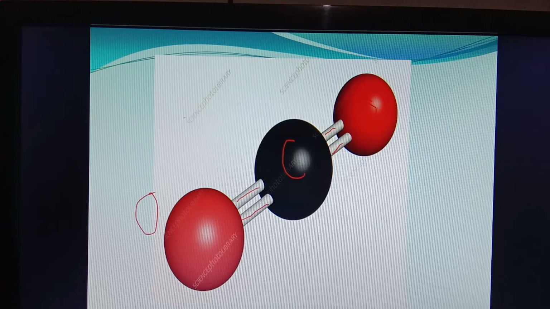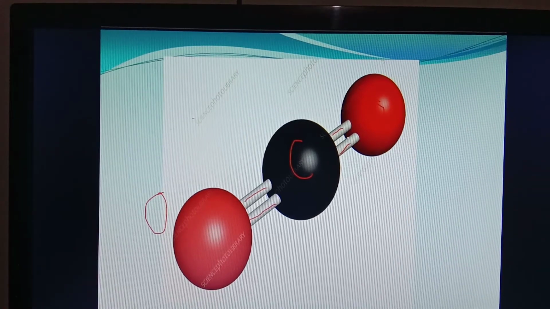That means valency of carbon is 4. Oxygen valency is 2. So here you can see 2. Right? Here also. So children, this is a simple explanation of valency. For class 7th, this much knowledge is okay. Remaining you will learn in class 9.